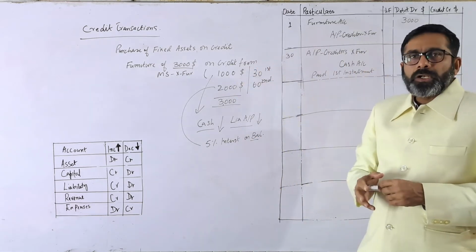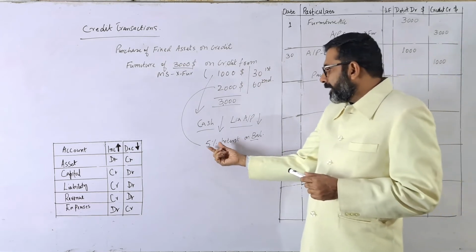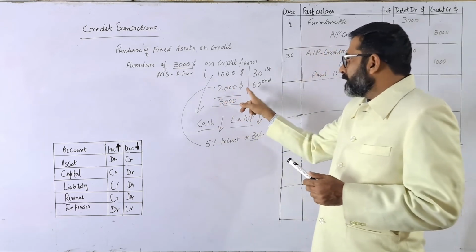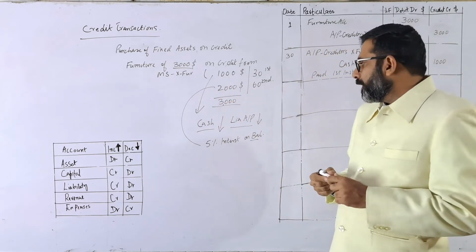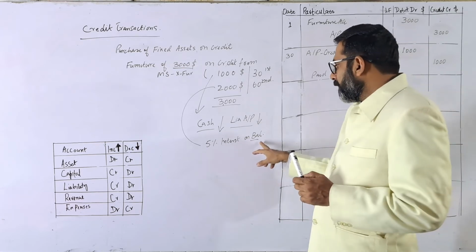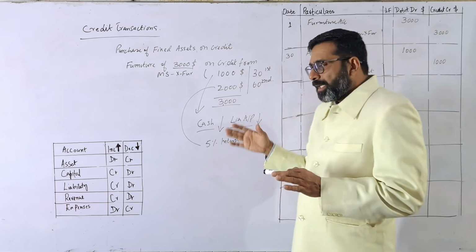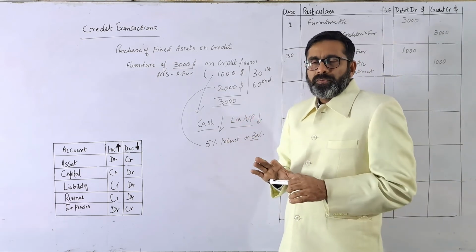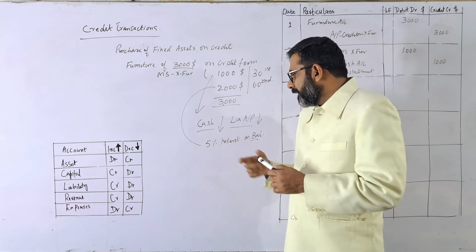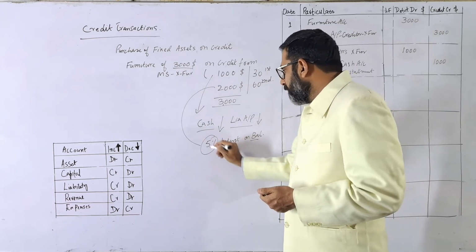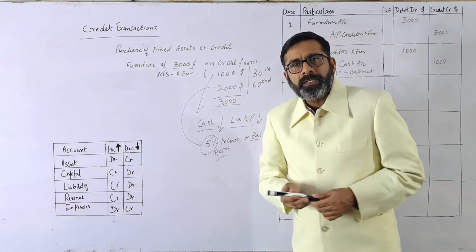You pay the first installment without interest, but the balance, like $2,000, you have to pay after 60 days, and they will charge you 5% on the balance as interest, not on a monthly basis, but on the total amount. We are not considering 1 year or 1 month or whatsoever. They will just charge you 5% extra on the second installment.